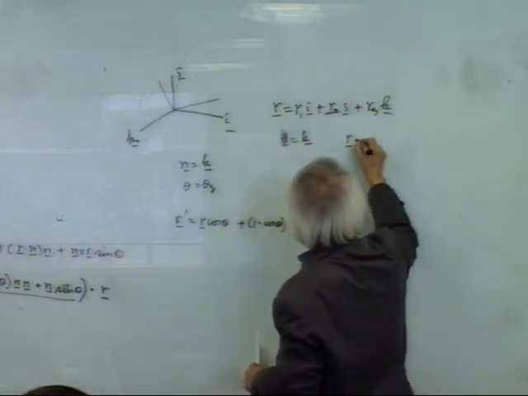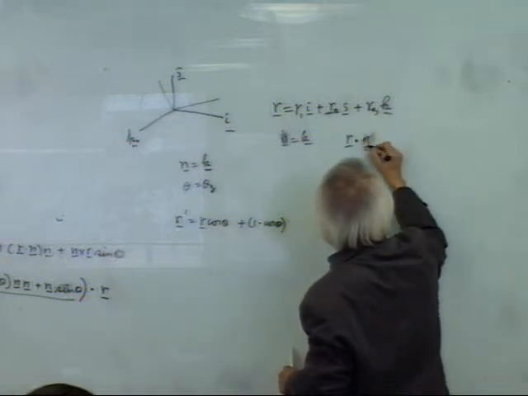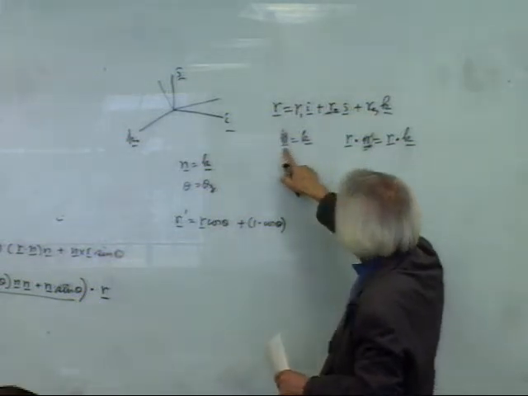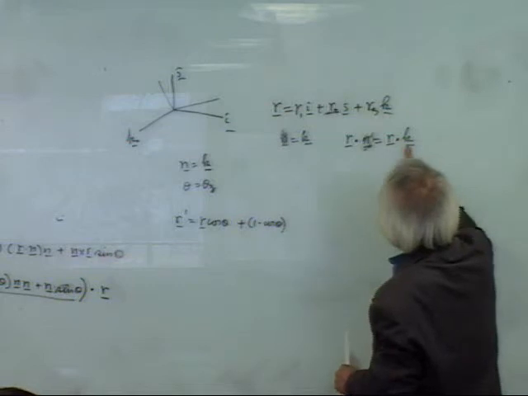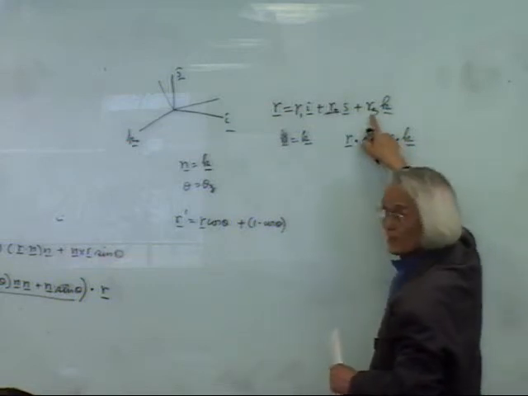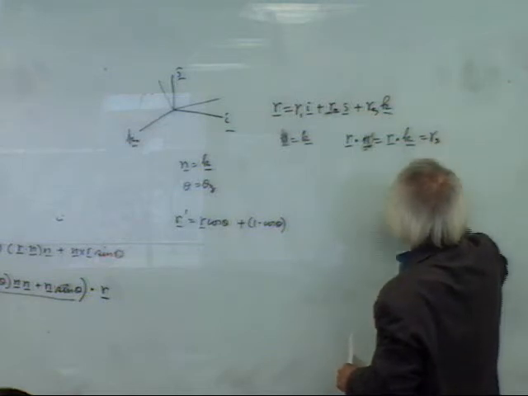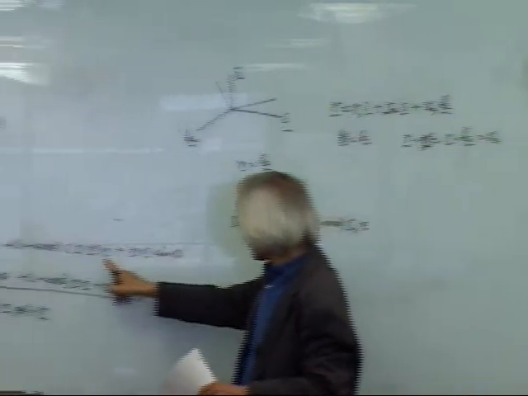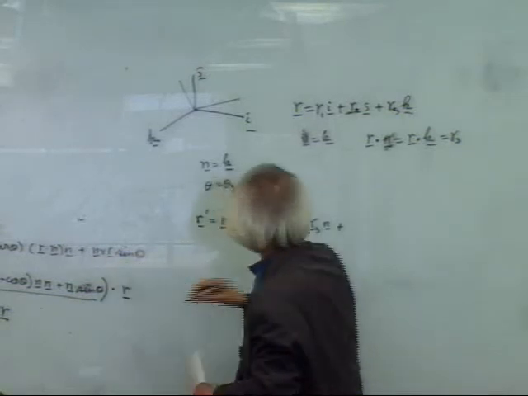So R dot N is R dot K, because K is the axial rotation. Okay? So when you do the dot product, you only have R3, right? So this guy is R3. And you have N, this guy, plus, now we're going to do the cross.